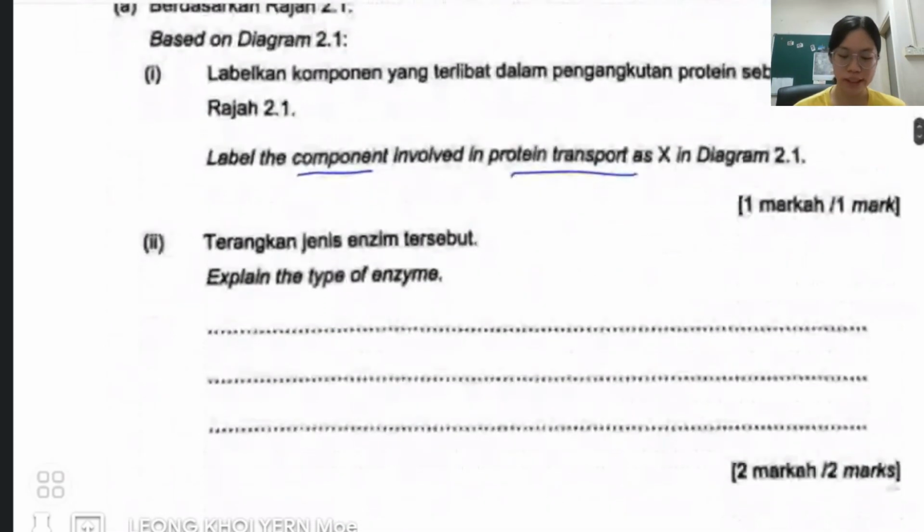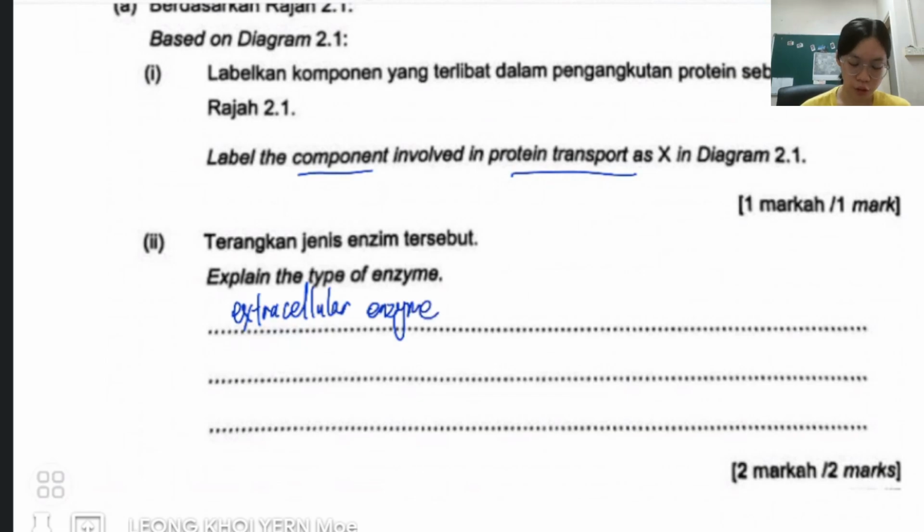So what is the type of enzyme? It is an extracellular enzyme. You state, then you only explain. So it is synthesized because it will be transported out of the cell. That's the main keyword why it is called an extracellular enzyme.